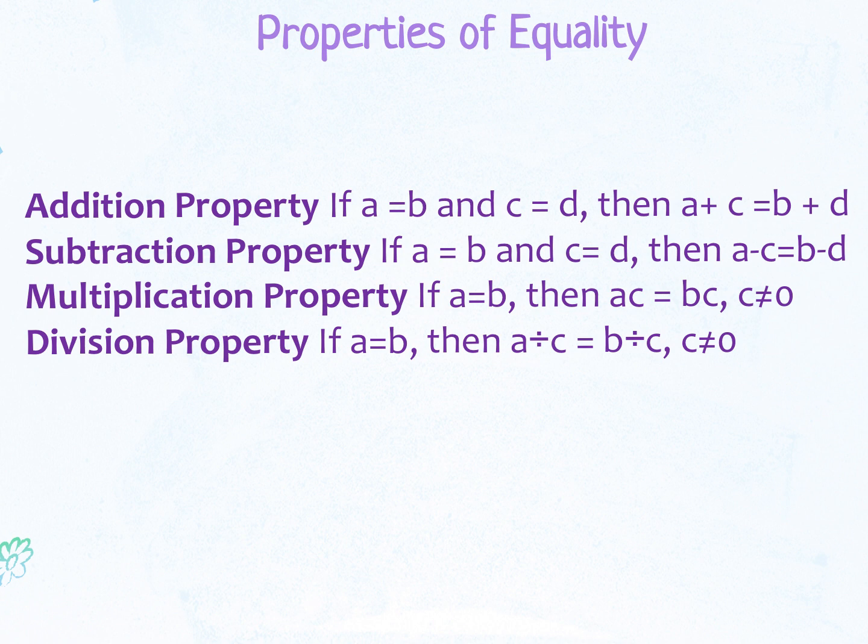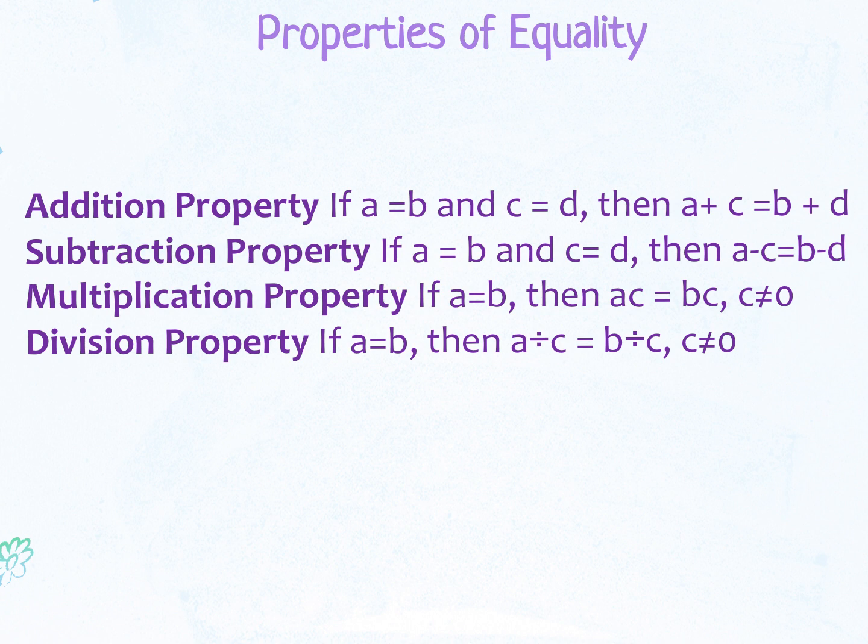Then the multiplication property, if A equals B, then A times C equals B times C. And this C with the equal sign with the slash means C cannot equal 0 because remember anything times 0 is 0. And then the last one listed here is the division property of equality.